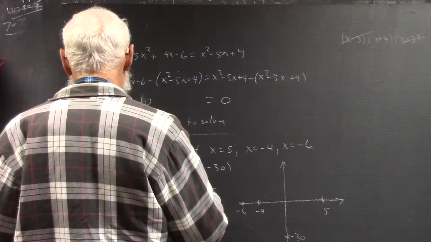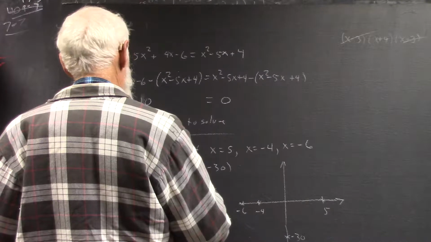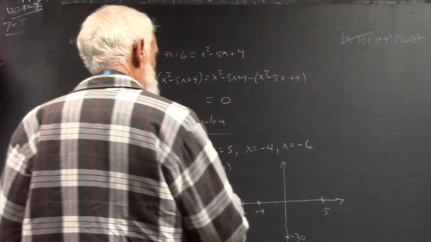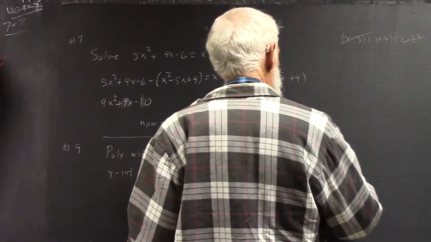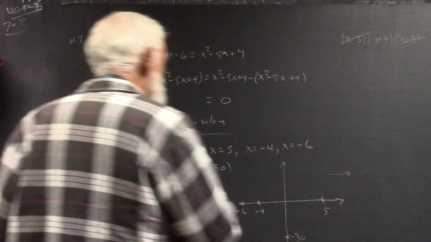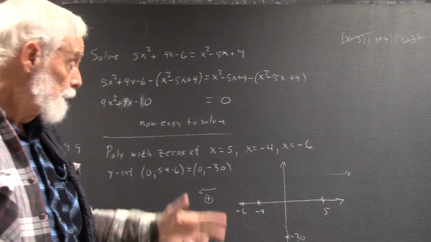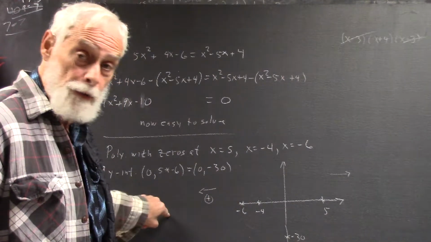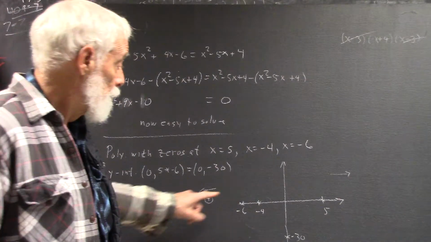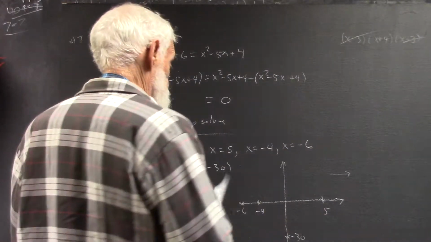Far to the left, it's positive. To the left of the leftmost zero, it's positive, right? What's the leftmost zero? That's this one. To the left of here, it's positive. To the right of here, it's negative.